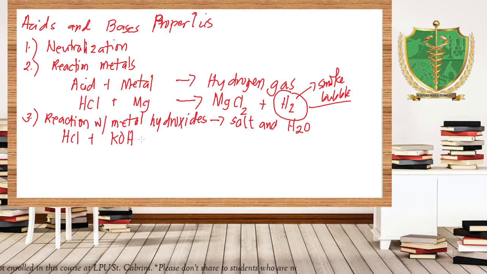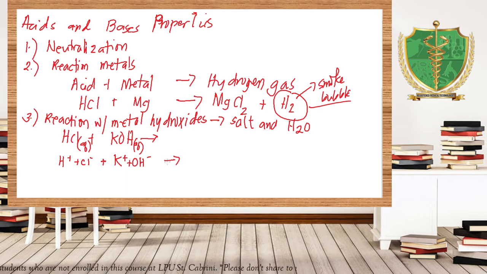So in this case, we have hydrochloric acid plus potassium hydroxide. Both are ionic compounds, right? We said that HCl dissolves in water, and an aqueous solution of hydrochloric acid contains hydrogen ion and chloride ion. Plus, KOH is also an example of an ionic compound. It will give us potassium and hydroxide.